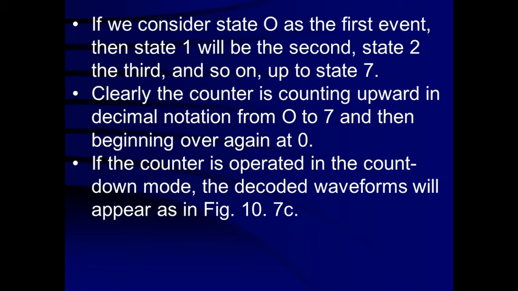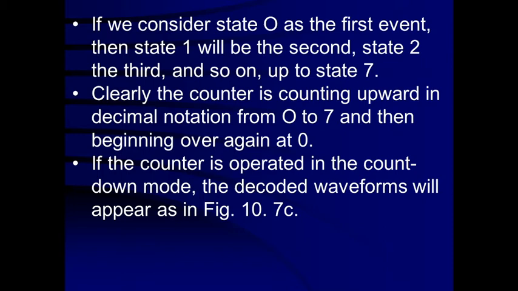If we consider state 0 as the first event, then state 1 will be the second event, state 2 will be the third event, and so on up to state 7. Clearly, the counter is counting upward in decimal notation from 0 to 7, and then beginning over again at 0.